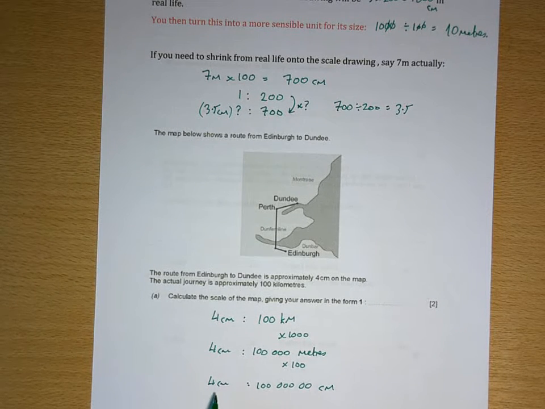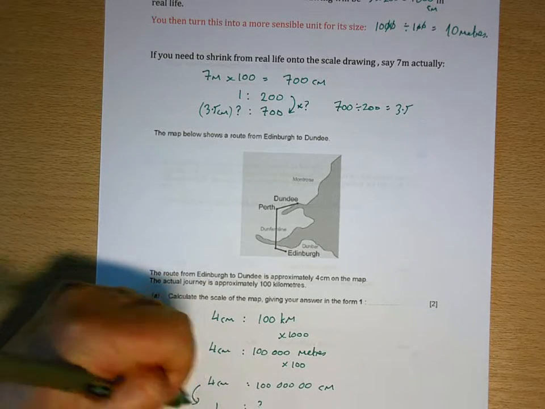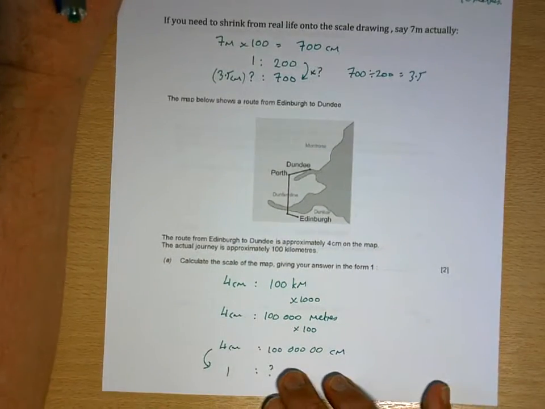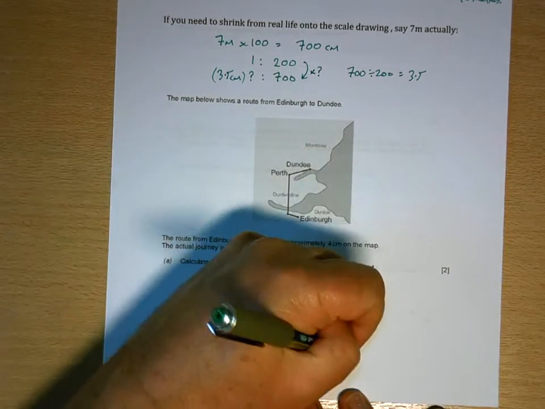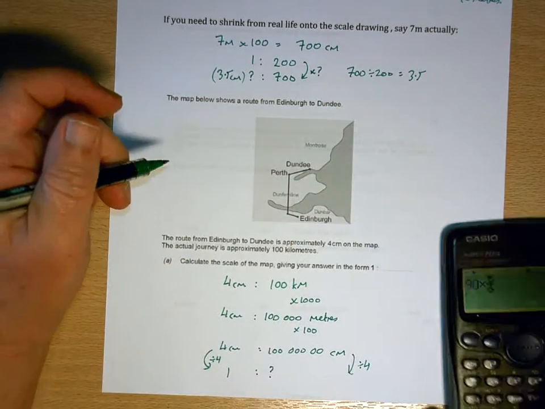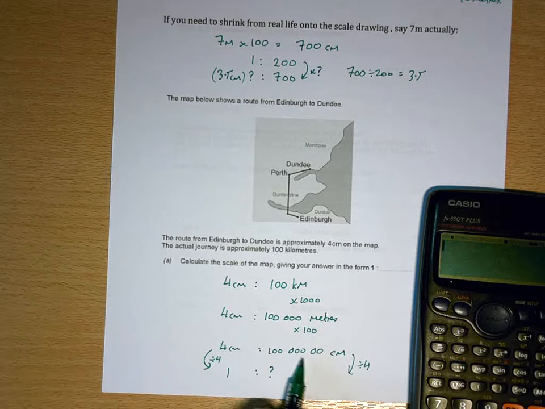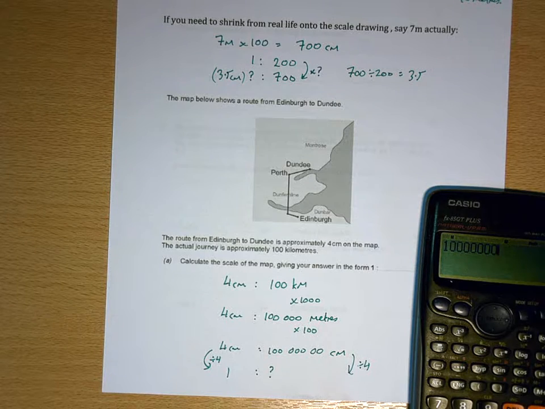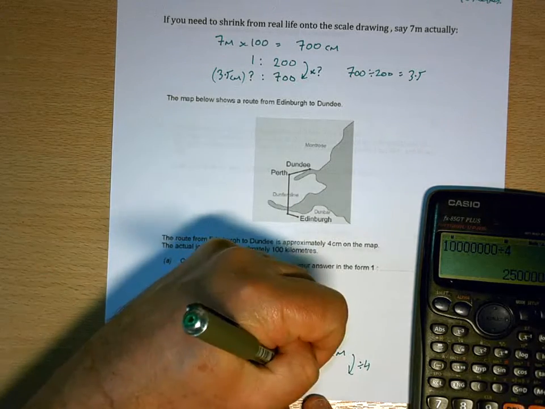I've got it as a map scale. The only difference is now I need to have it as 1 to something. So to get this to 1, I have to divide by 4, which means I have to divide this by 4 as well. So I've got 7 zeros divided by 4, which is 25 followed by 5 zeros.